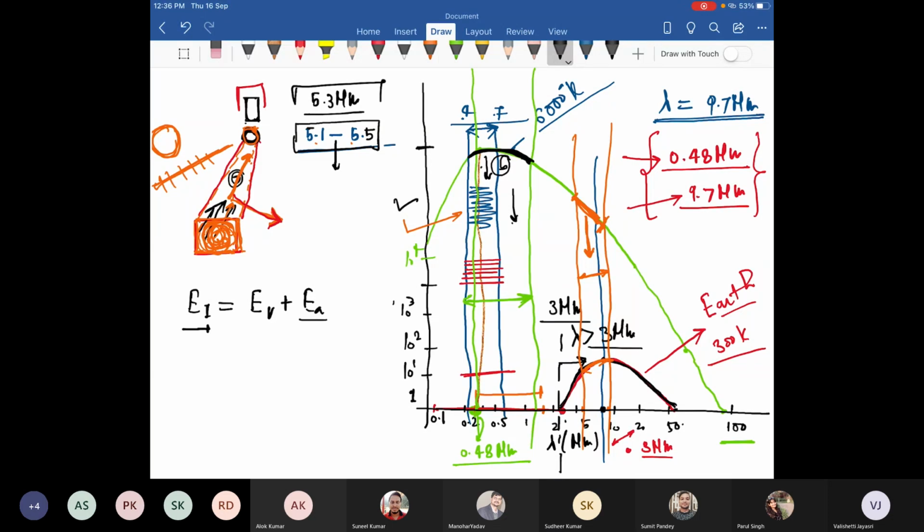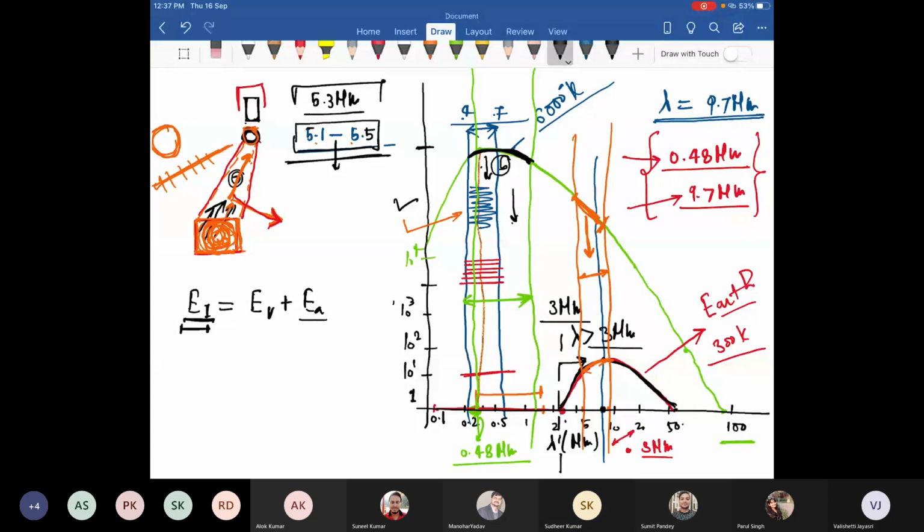To analyze the incident energy, what we are considering is the range 5.1 micrometer to 5.5, correct? This range we are considering only. As I said before, EI we can also write as a spectral composition. So just see, do we have incident energy on the Earth's surface in the range of 5.1 to 5.5 micrometer? Yes or no?